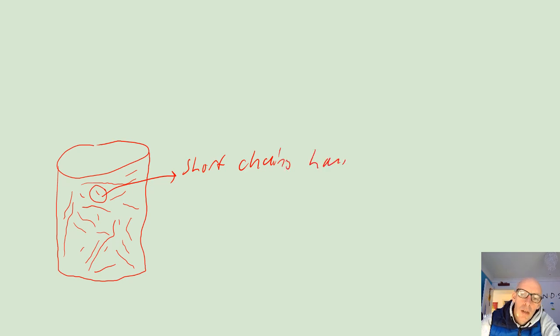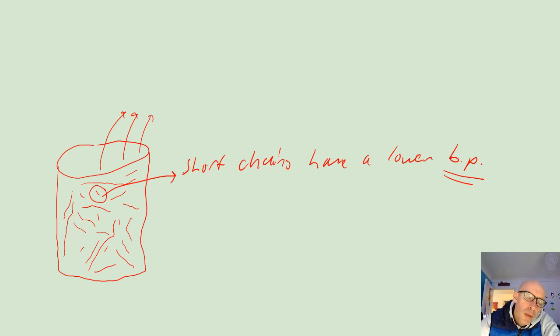Now, if we started to heat this up, short chains have a lower boiling point. Now what that means is, if I started to heat this up, the short chains would turn into a gas first and leave behind the longer chains.